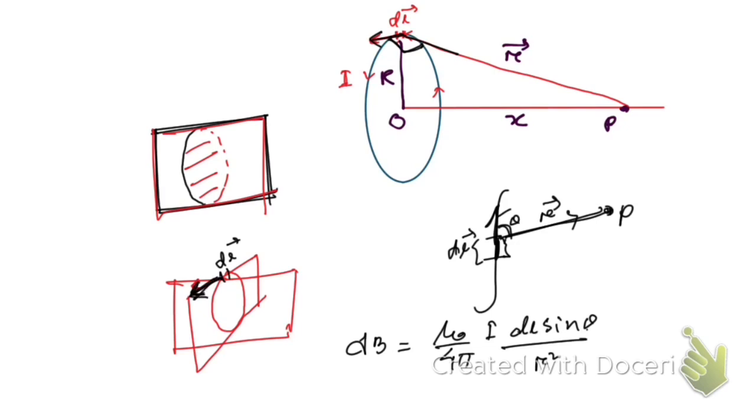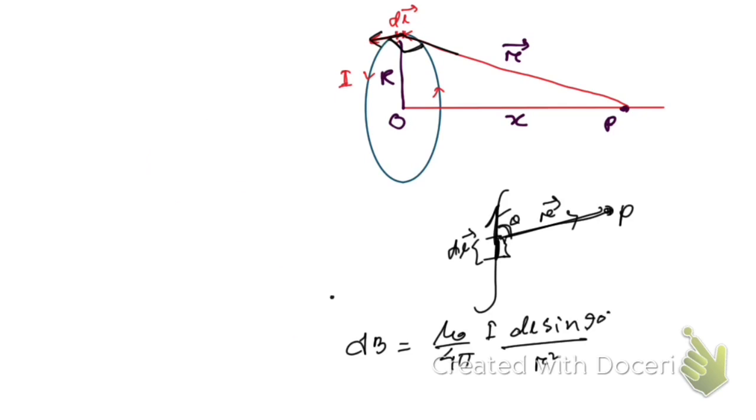DL is in this direction, which is perpendicular to the screen of the device where you are watching this video, out of the screen, and this is the r vector which is on the plane of the screen. So these two are perpendicular, so we put 90 degrees here.